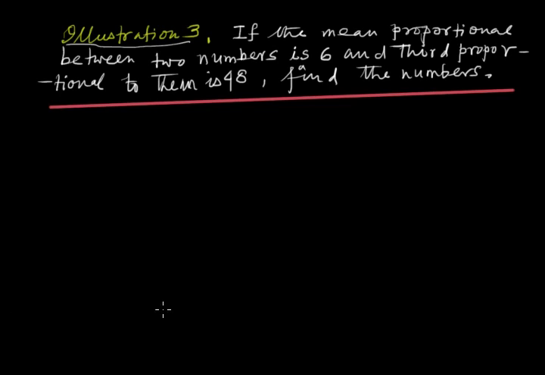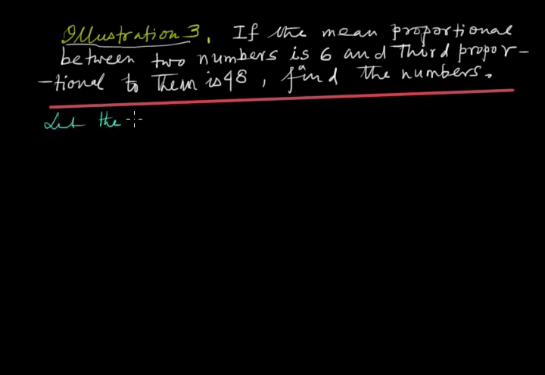Now there is another example. If the mean proportional between two numbers is 6 and the third proportional to them is 48, find the numbers. Let the numbers be x and y.